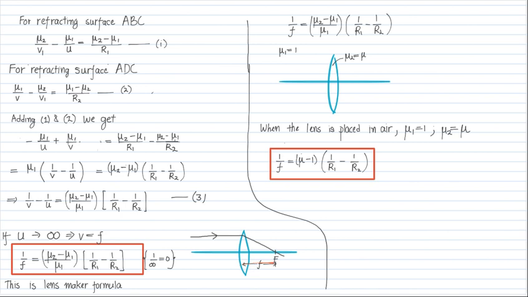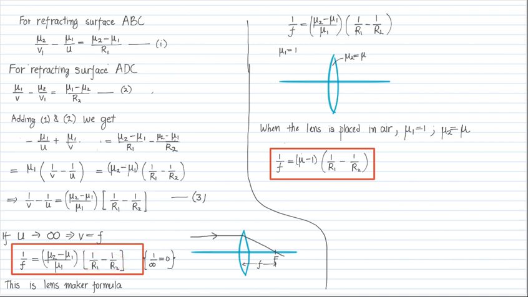So the image distance v is the focal length. If we substitute these values, we get 1 by f equals (mu2 minus mu1) times (1 by r1 minus 1 by r2).